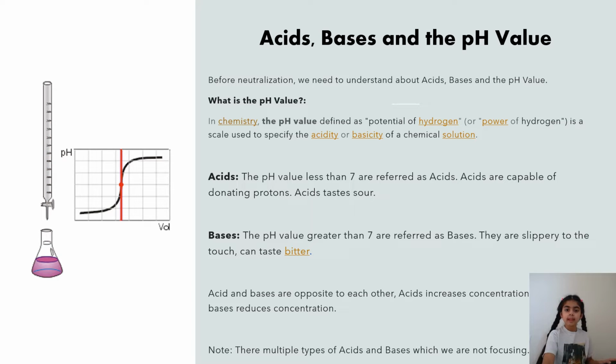So it's a scale used to specify the acidity or basicity of a chemical solution. So friends, acidity means the pH value is less than 7 and basicity means the pH value is more than 7.